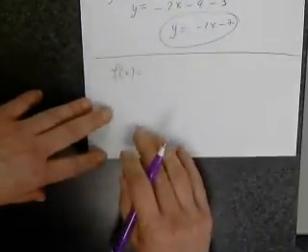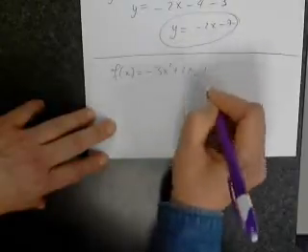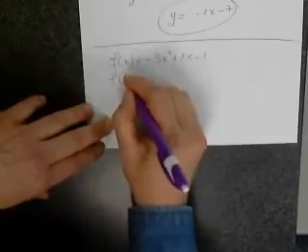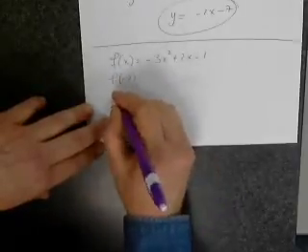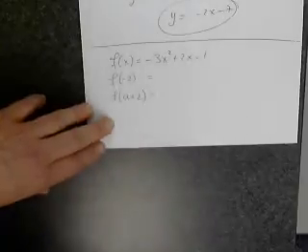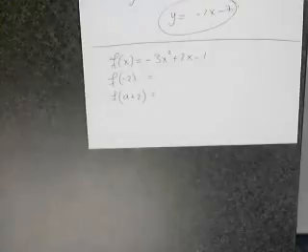Here's f of x: negative 3x squared plus 2x minus 1. I want to determine f of negative 2, and I want to determine f of a plus 2. And then I would like to look at an equation that uses substitution.